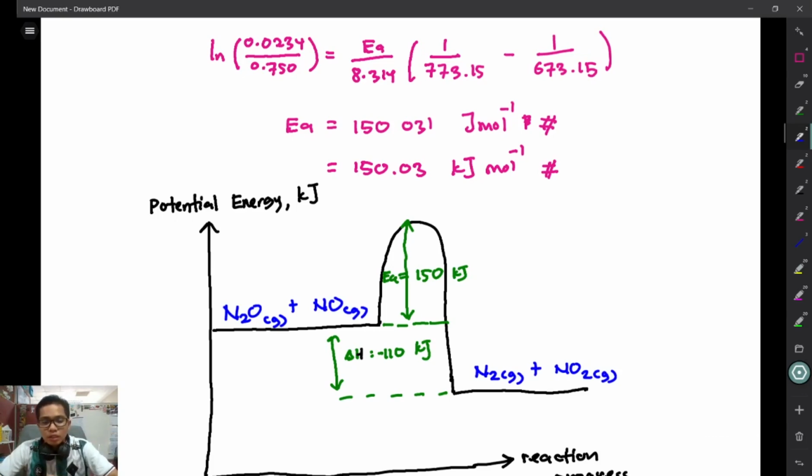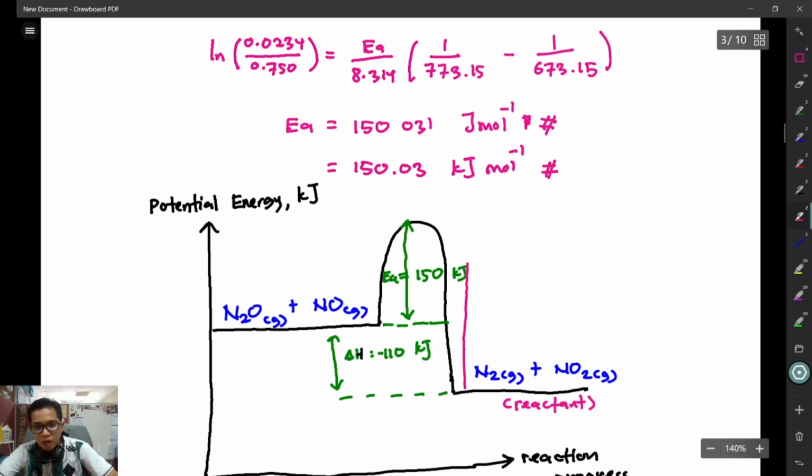And then the question asks you to calculate the Ea for the reverse reaction. So when we reverse our reaction, the product will become the reactant. So the Ea must be from the level of this reactant all the way up to the top of the hill.